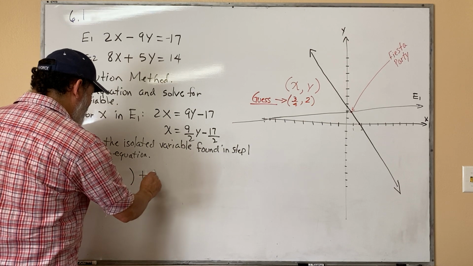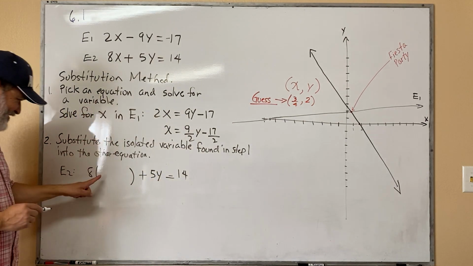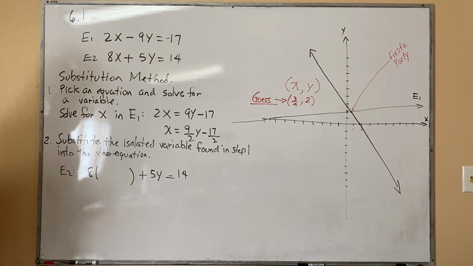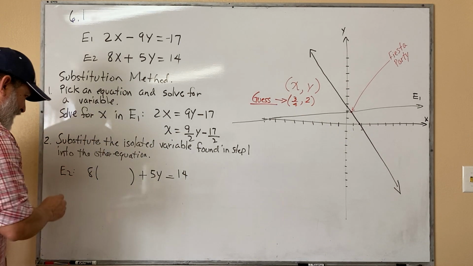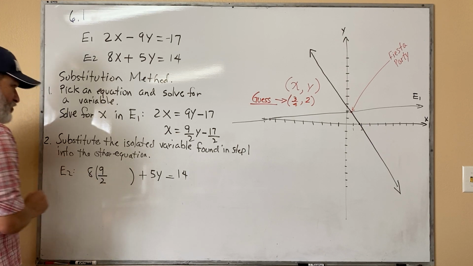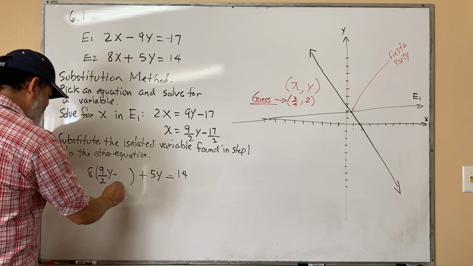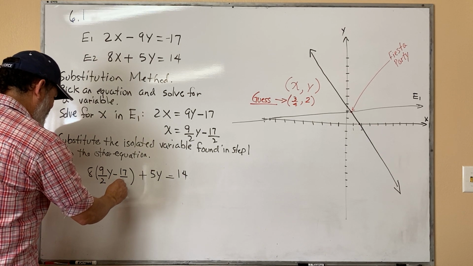Plus 5y equals 14. And you see this x? X is 9 over 2. Y minus 17 over 2.